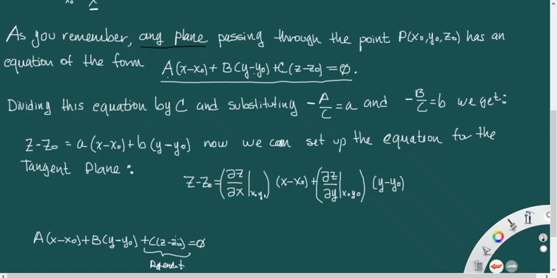So we need to isolate this to the right. So if we do that, let's just erase this part here, and this is going to be equal to minus c times z minus z sub 0. Okay, so this is the first step because this is the dependent variable.